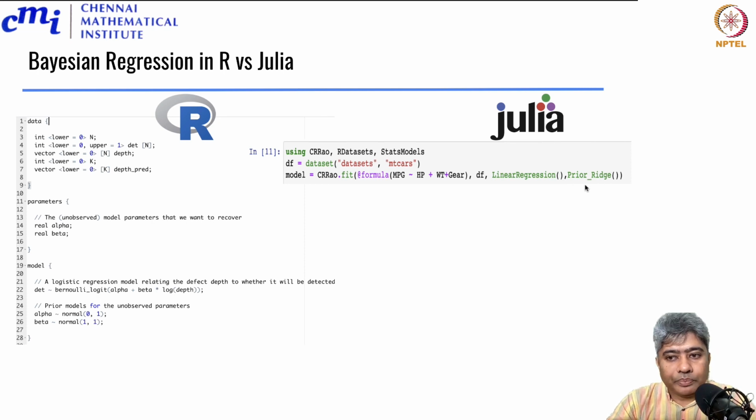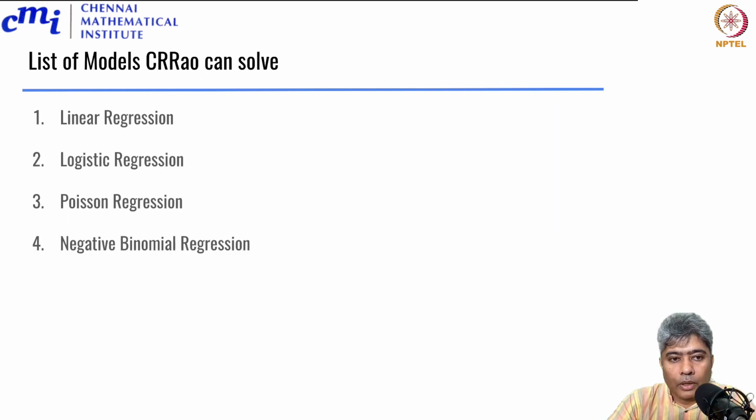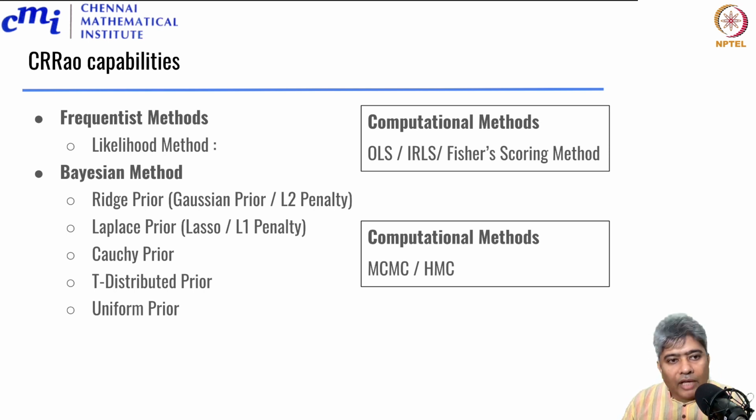And here is Bayesian regression with Ridge prior implemented in Julia. Currently CRRao implements linear regression, logistic regression, Poisson regression, and negative binomial regression. It can implement frequentist methods, Bayesian methods, and both OLS and Fisher scoring methods, MCMC, and Hamiltonian Monte Carlo.